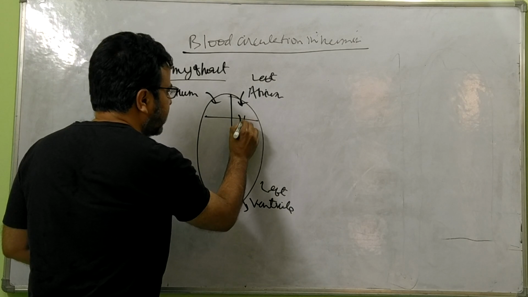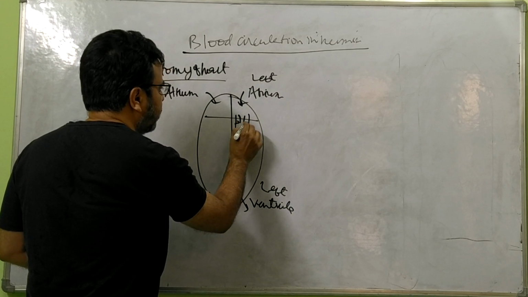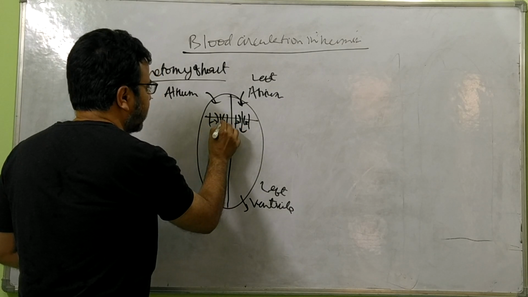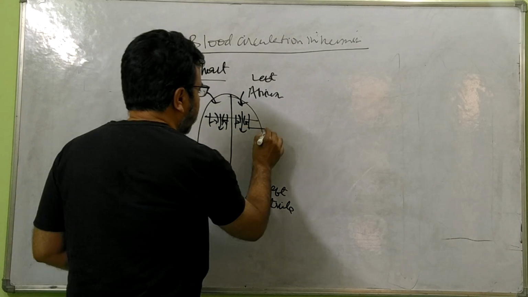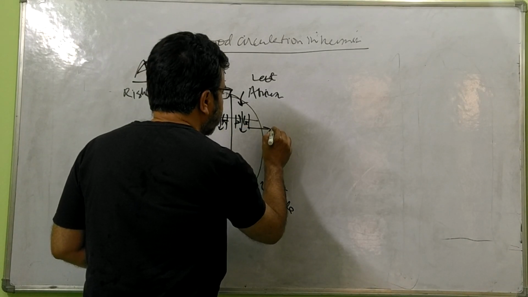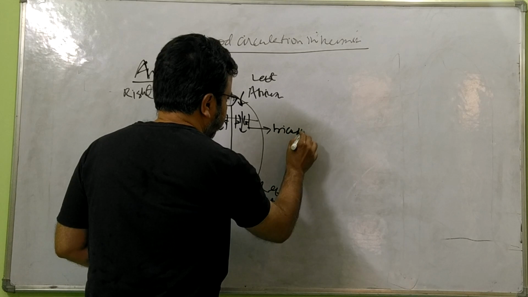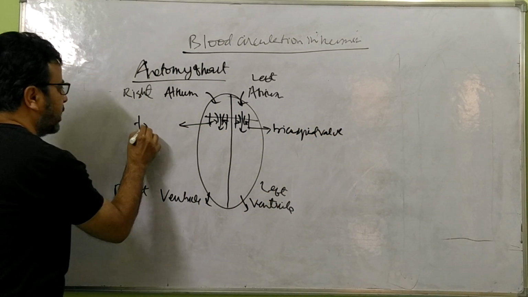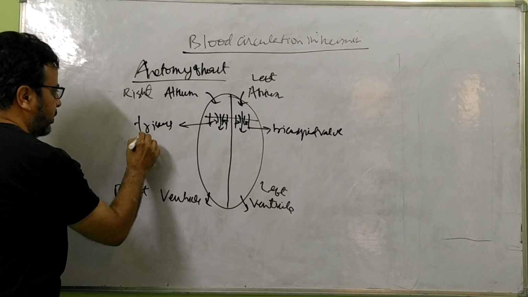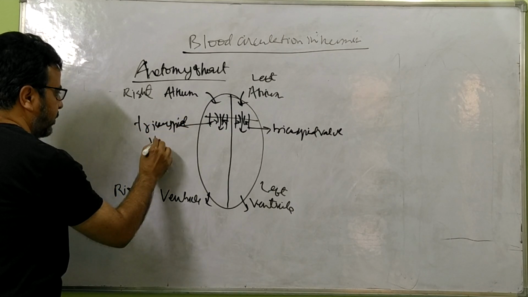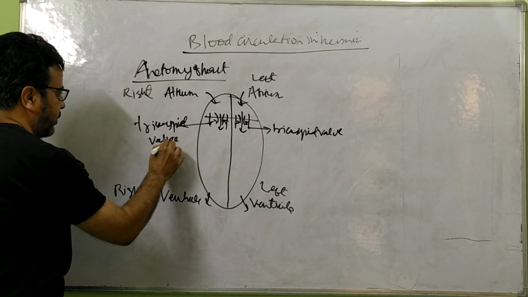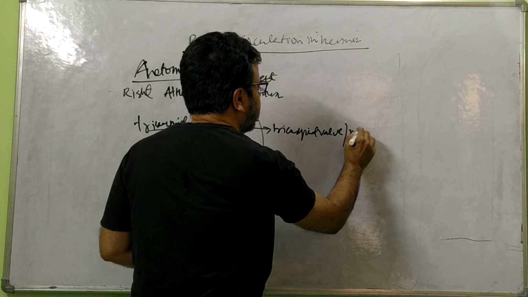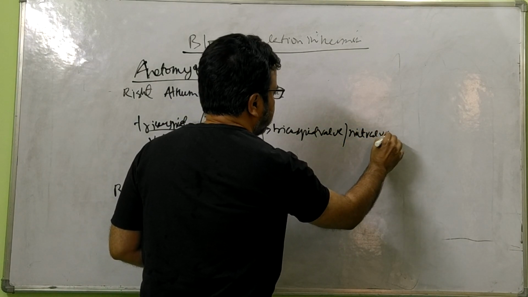These two valves at the junction of atrium and ventricle are atrioventricular valves, of which the one on the left side is called the bicuspid valve and this is called the tricuspid valve. The bicuspid valve is also specifically called the mitral valve.